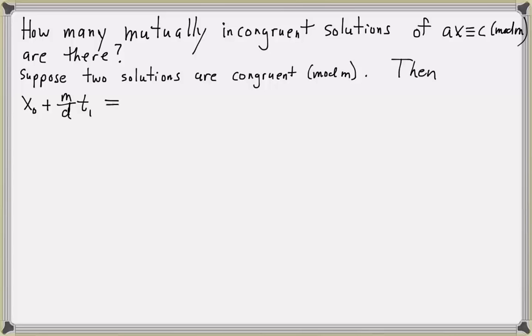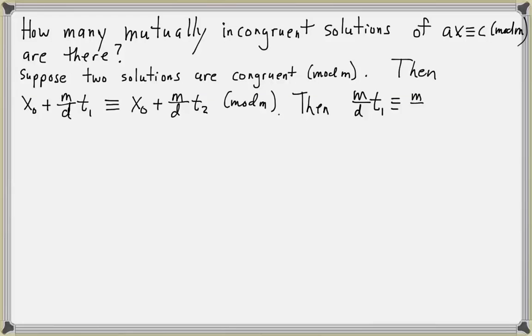That's one solution. Suppose that's congruent to x0 plus m over d times t2 mod m. Then we can subtract x0 from both sides to obtain m over d times t1 is congruent to m over d times t2 mod m.